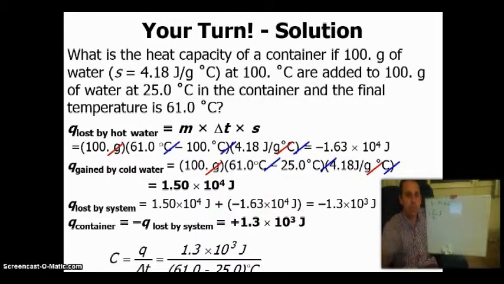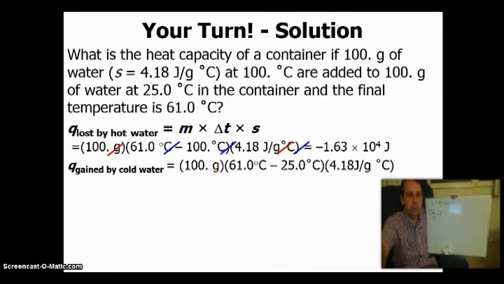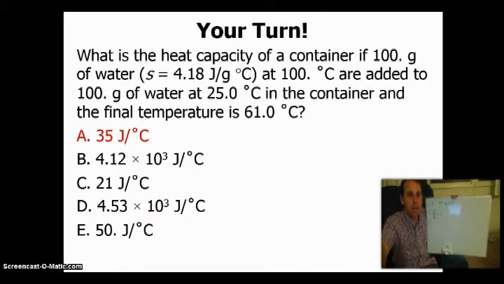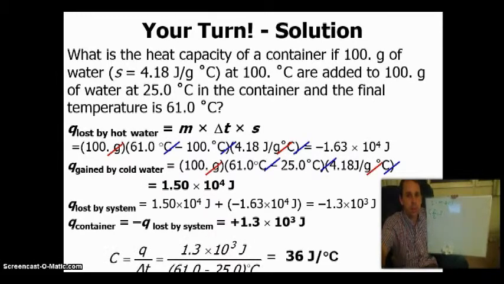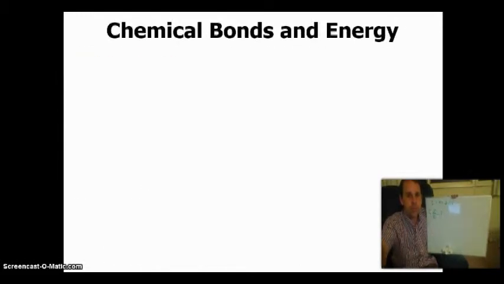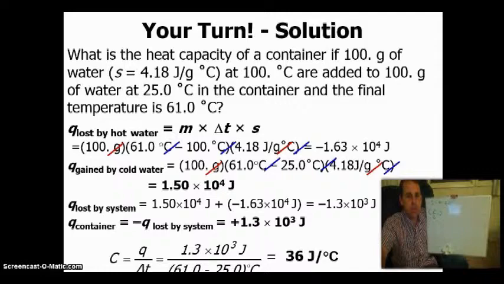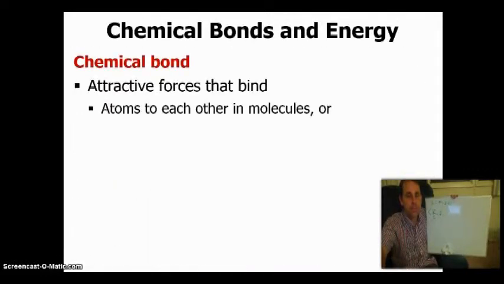That gives me the heat capacity of the system, and that's where our answer came from, about 35 joules per degree Celsius. All right, I guess it should have been 36 joules per degree Celsius.